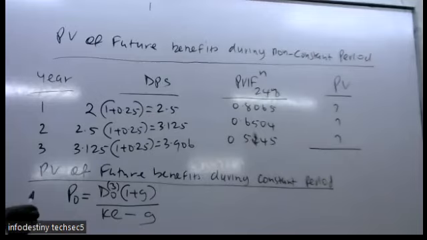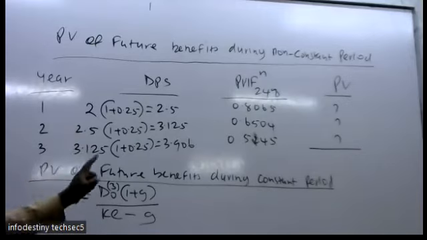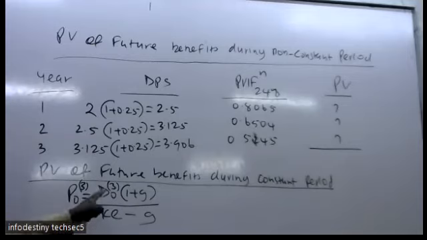Which also means that our P0 is in which year? In year 3, because they are D0 and P0. So that will be the dividend in year 3, and this price is also in year 3. But we require it in year 0.